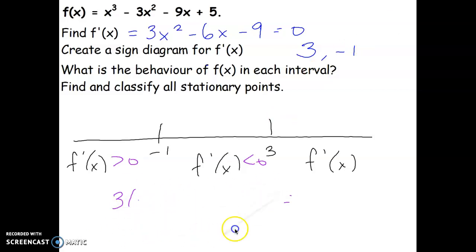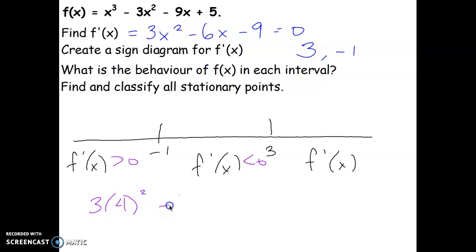All right, and you might be tempted in this last one just to go ahead and say, well, because it was positive and then negative, I believe this next one is going to be positive again. And it might be, but we need to check it because it could be an inflection point as well, and it could just be negative, negative. So let's take a number larger than 3. That's something that would be in this third interval, like 4.